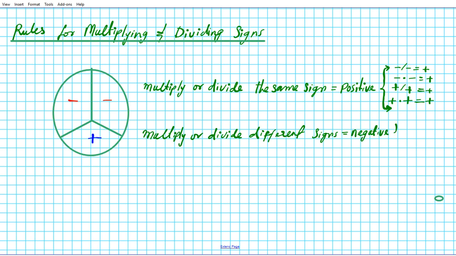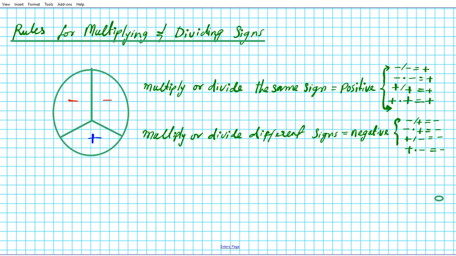Alright, so let's illustrate. So if you have minus divided by plus, the signs are different, you end up with minus. If you have minus multiplied by plus, you end up with minus. If you do plus divided by minus, you end up with minus. And then plus times minus, you end up with minus also.